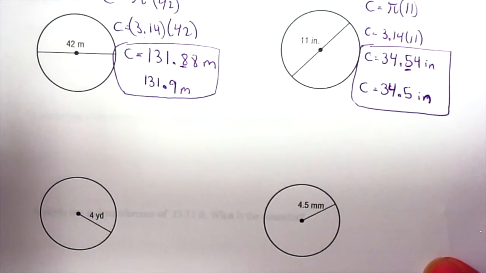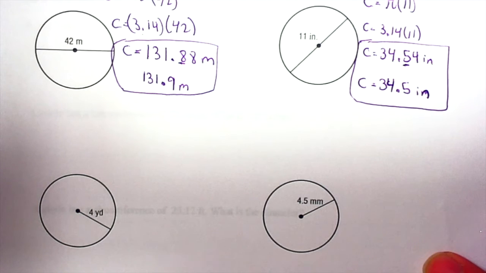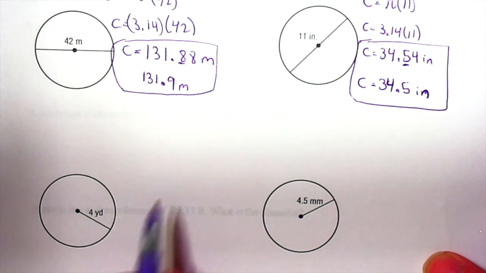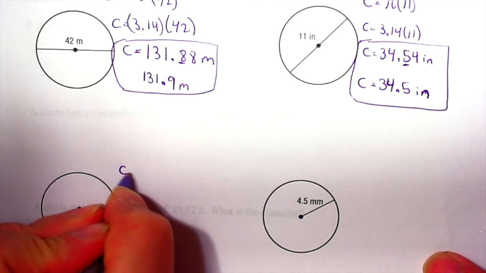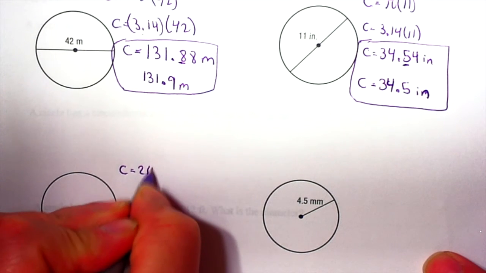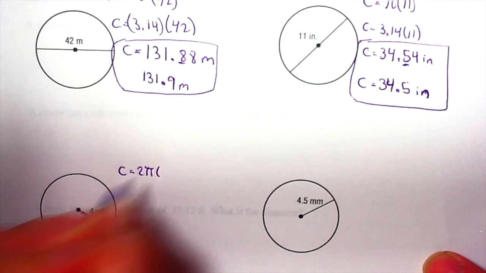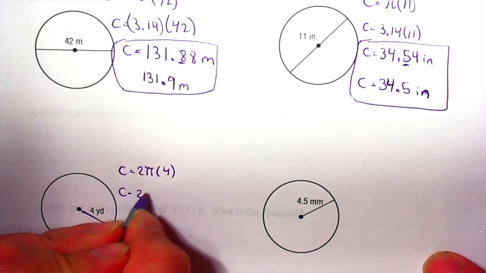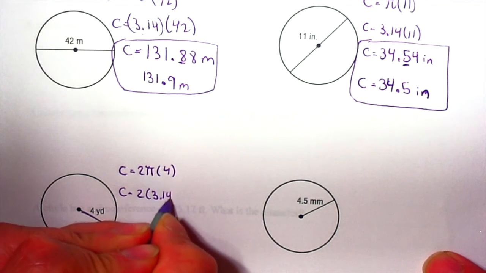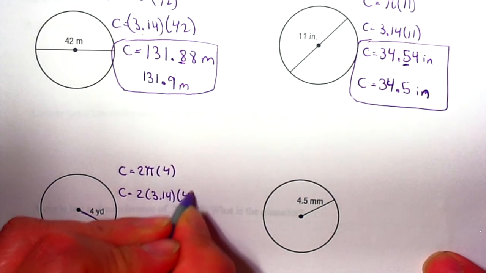Now in these two, they give me the radius because they only give me half of it, so I'm going to use the other formula. So 2 times pi times 4. So that becomes 2 times 3.14 times the 4.